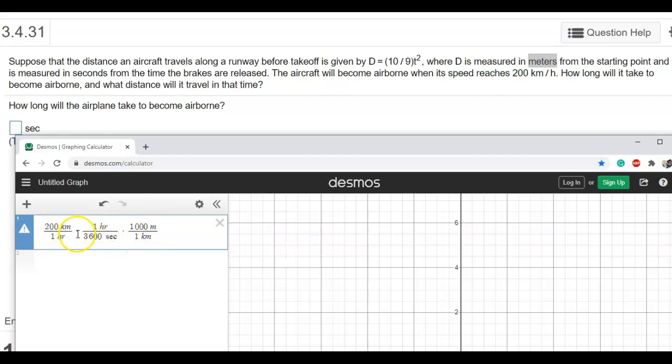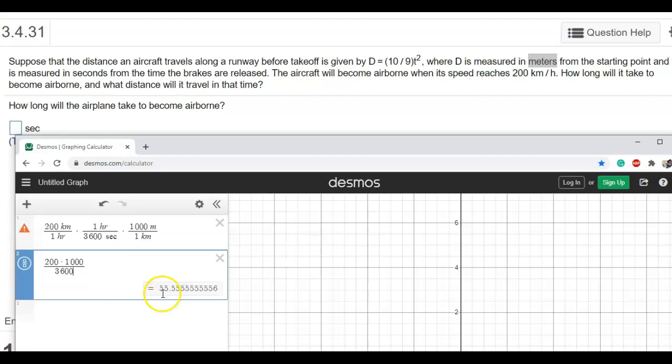This is just conversions, canceling out your hours, canceling out your kilometers, and what you're left with is meters and seconds. So what we're going to end up with here is 200 times 1,000, all of that divided by 3,600. So there's the speed that I want, measured in meters per second. I'm going to call this S.